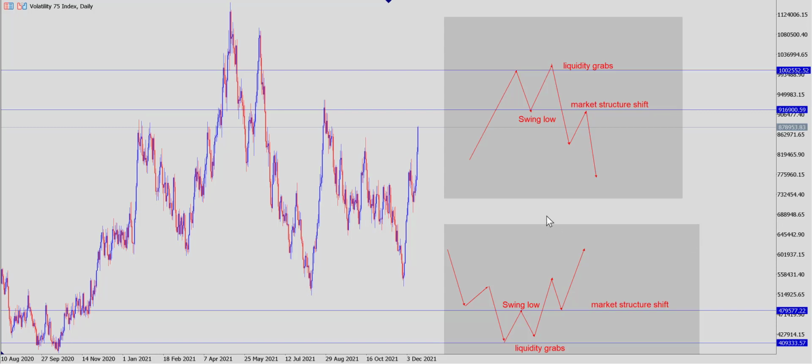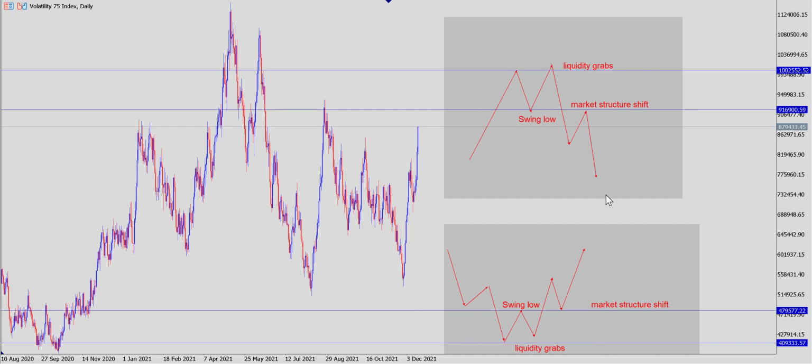So I've two diagrams that I've drawn here. I have this first one and this second one. This one is going to explain what happens if we're going into bullish momentum, and the opposite is going to apply if we're in a bearish momentum. This diagram represents what I call a mitigation block.